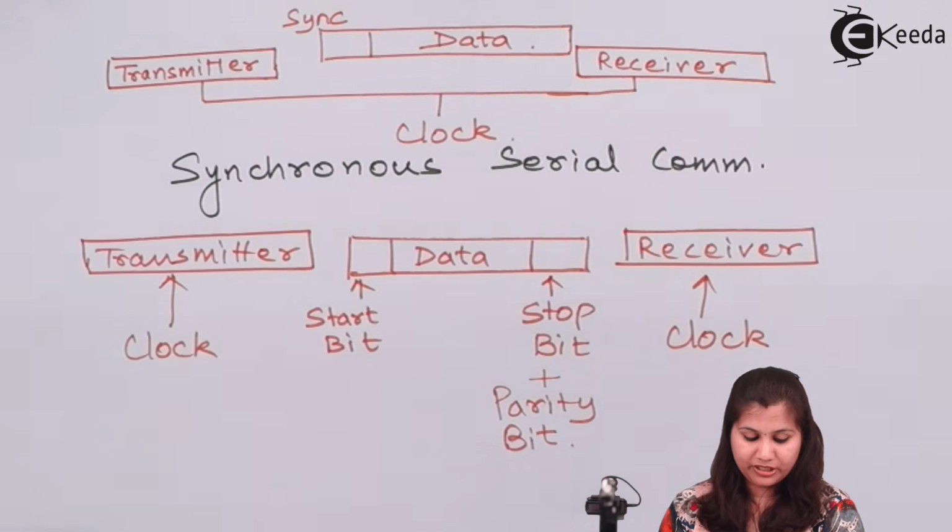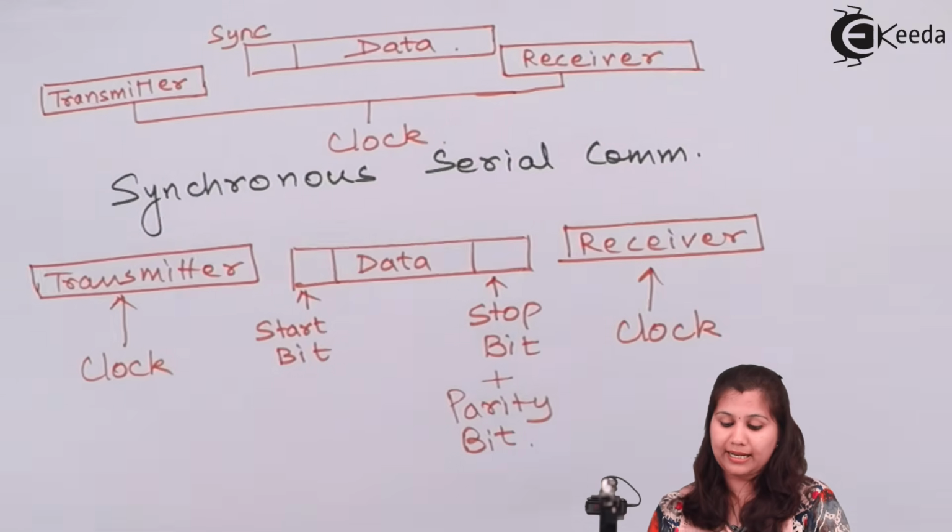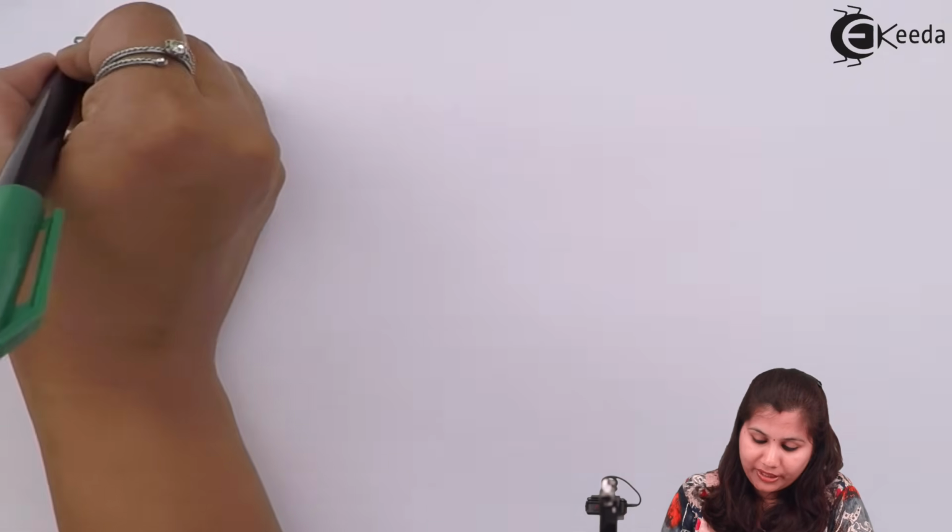So we studied the types of serial communication, asynchronous and synchronous. Now when we study serial communication, we often encounter a term called the baud rate. So what is this baud rate?